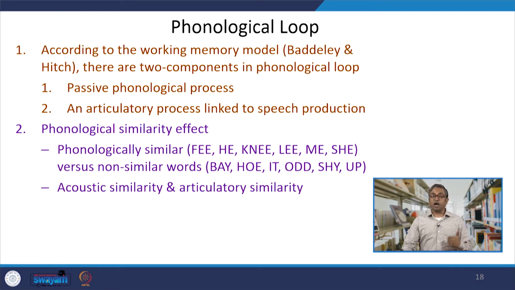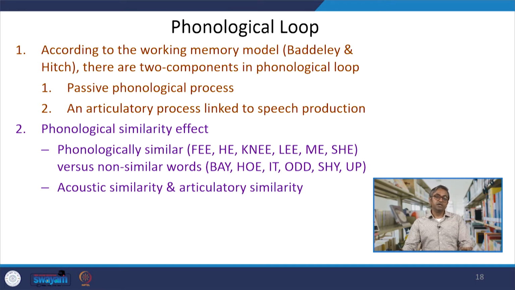So there is an acoustic similarity and then articulation, production. So articulatory similarity is there. One is acoustic similarity, another is articulatory similarity. The phonological loop ensures the difference between the two sounds.